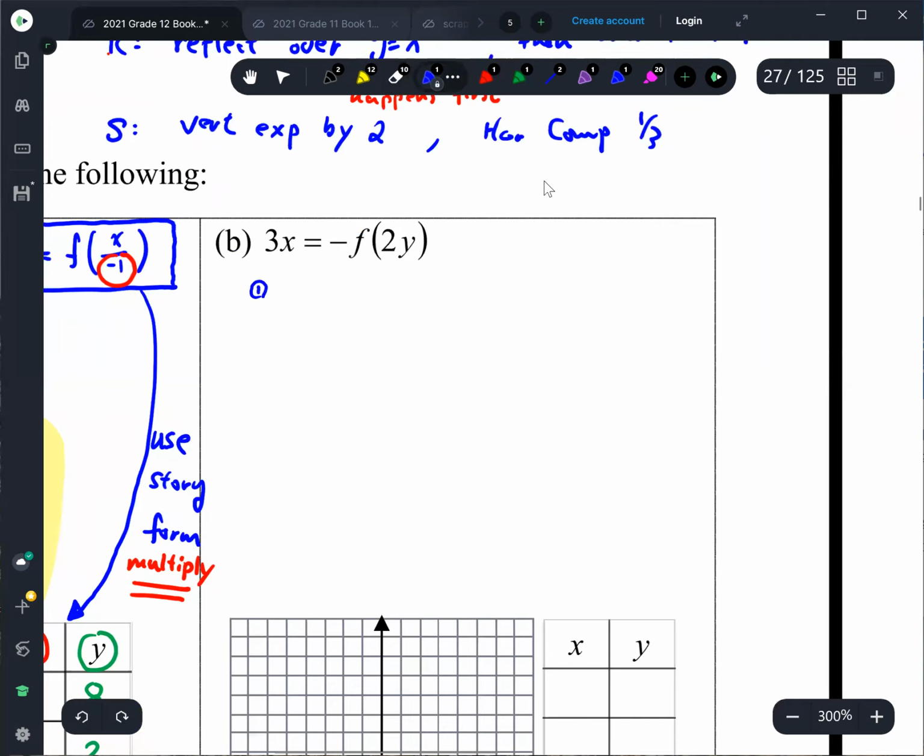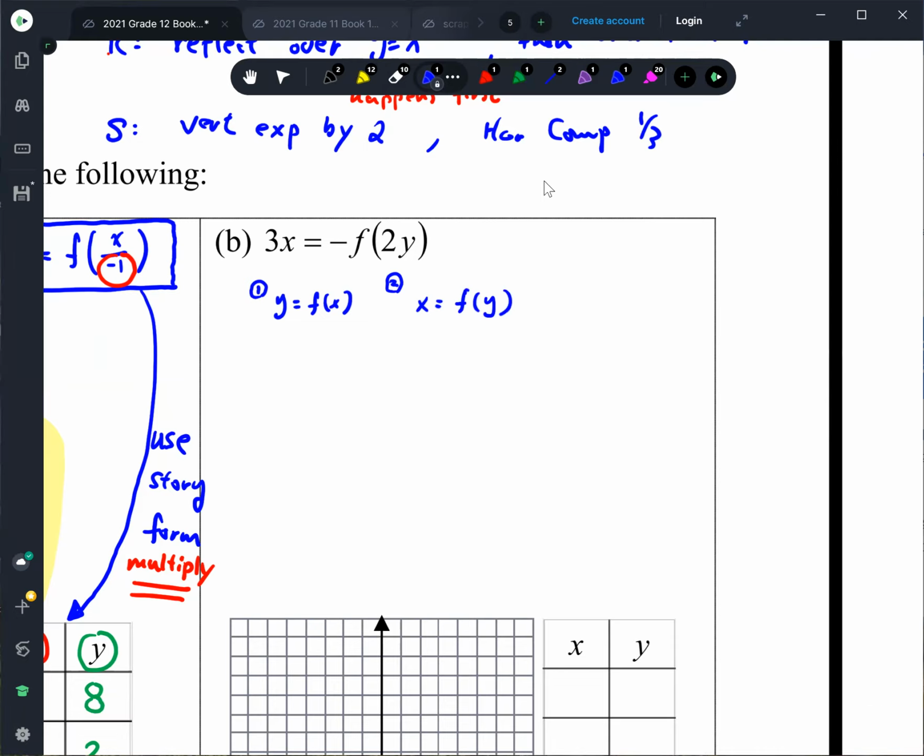We get y equal f of x, this is a basic. And for this one, instead of having f inverse of x, which is one way to write the inverse, for this example they do the inverse by flipping x and y. This is also inverse, right? So there are two ways to recognize an inverse.